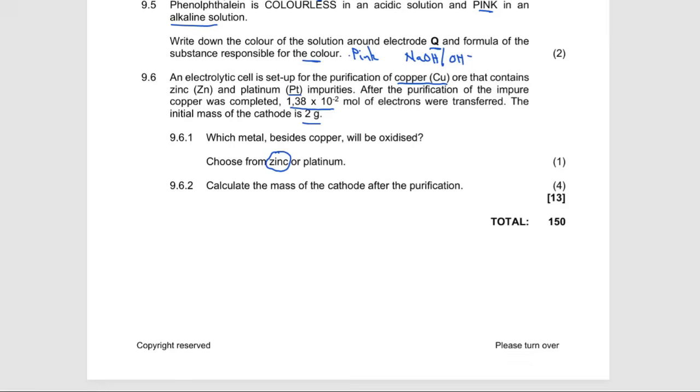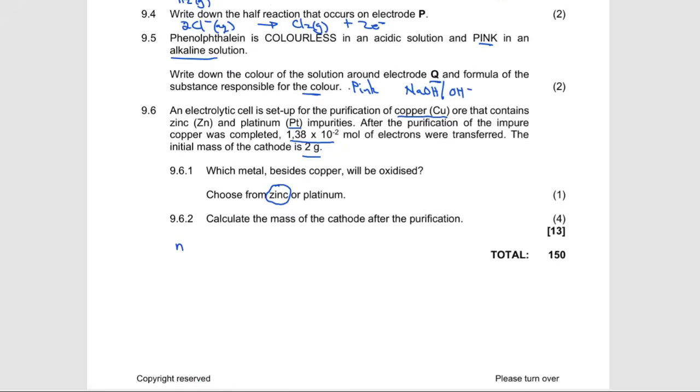Therefore, to proceed, it says calculate the mass of the cathode after the purification. So we start with the number of moles of Cu, which is our copper. The number of moles of copper is equivalent to half of 1,38 multiplied by 10 negative 2.